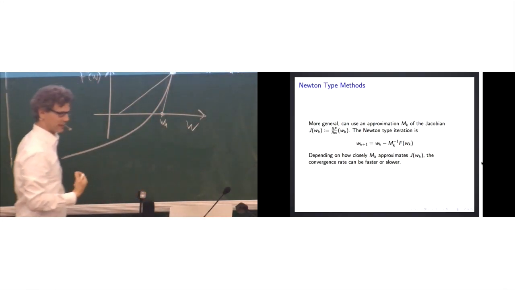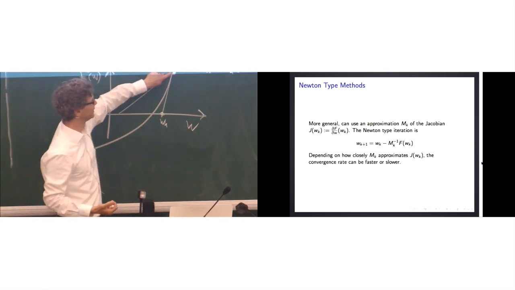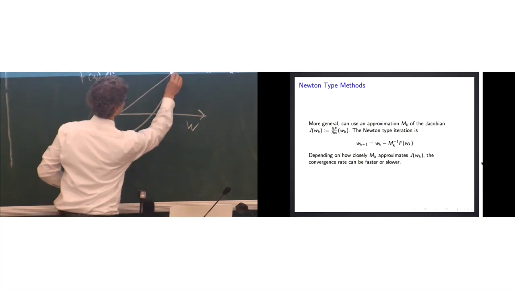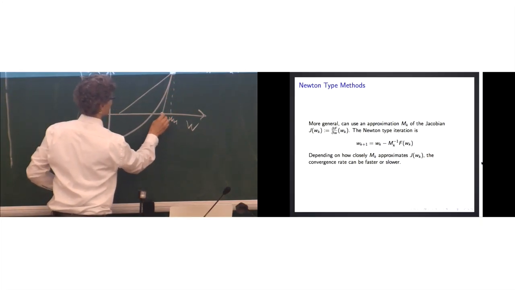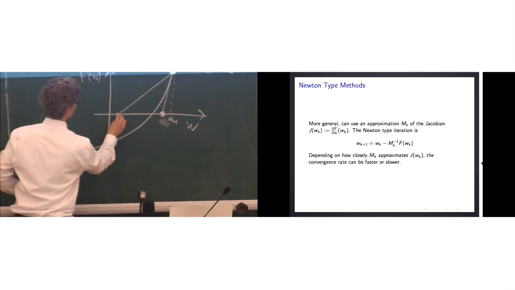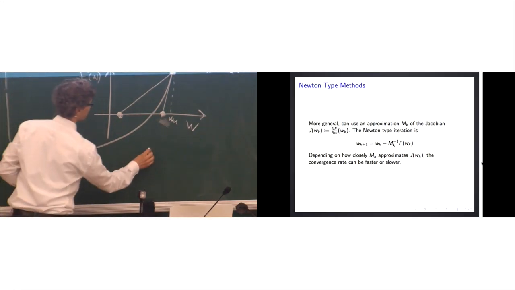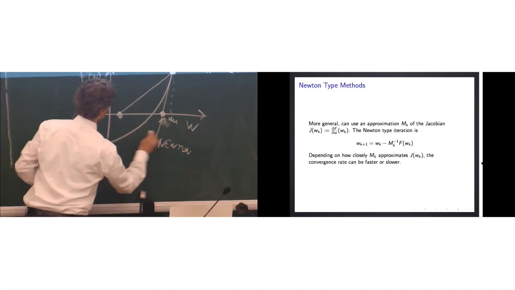So it's a linear function which has the property that it's the same value at the point where we evaluated it. Sorry, this is wk, and this would be one Newton iterate, and this would be one Newton-type iterate. Yeah, so here's Newton, and here's Newton-type.